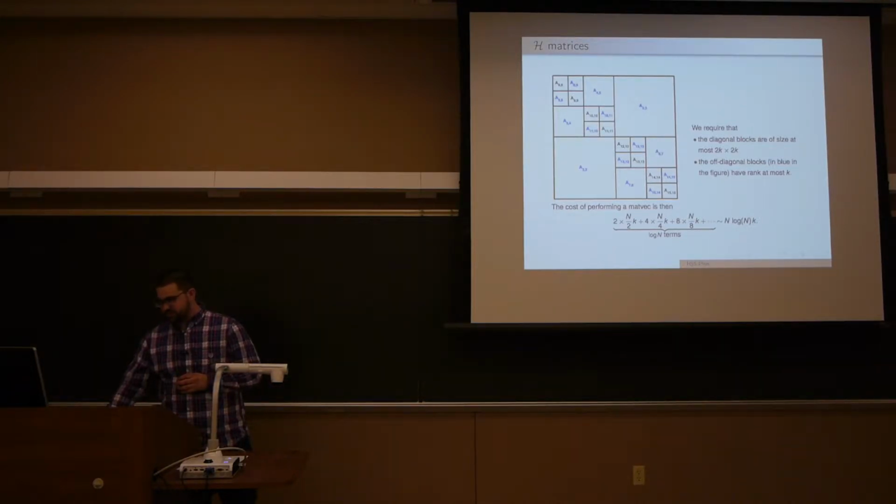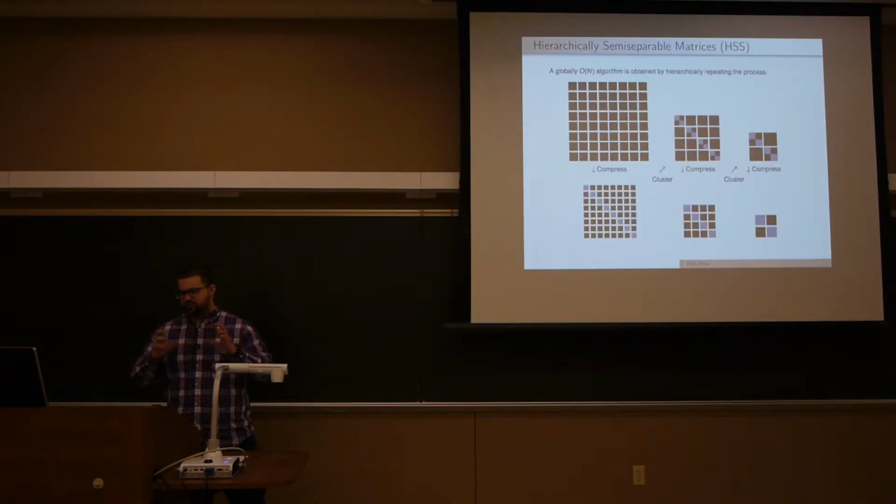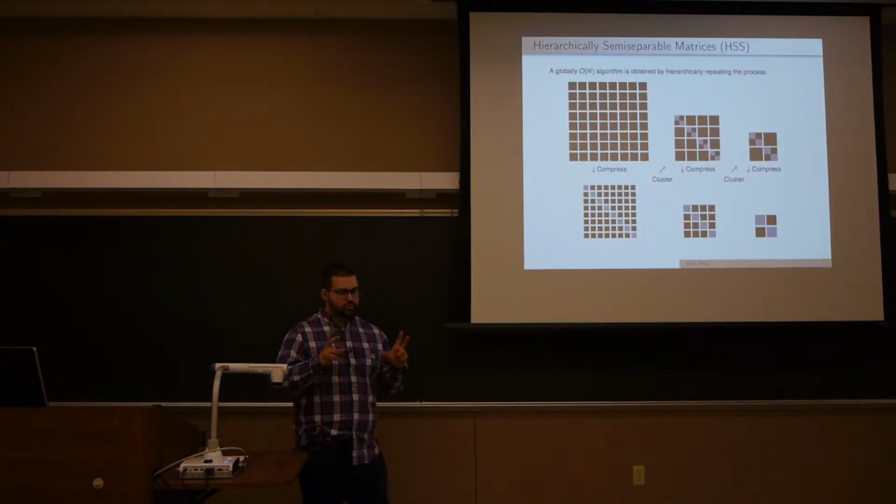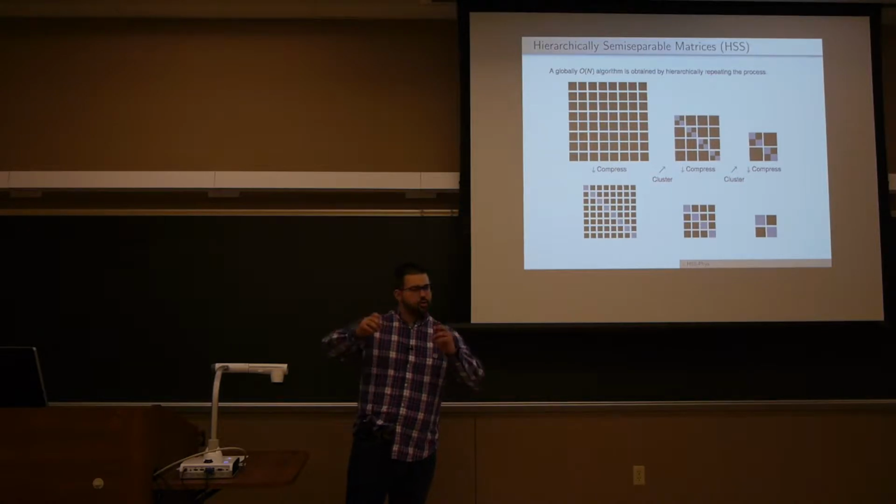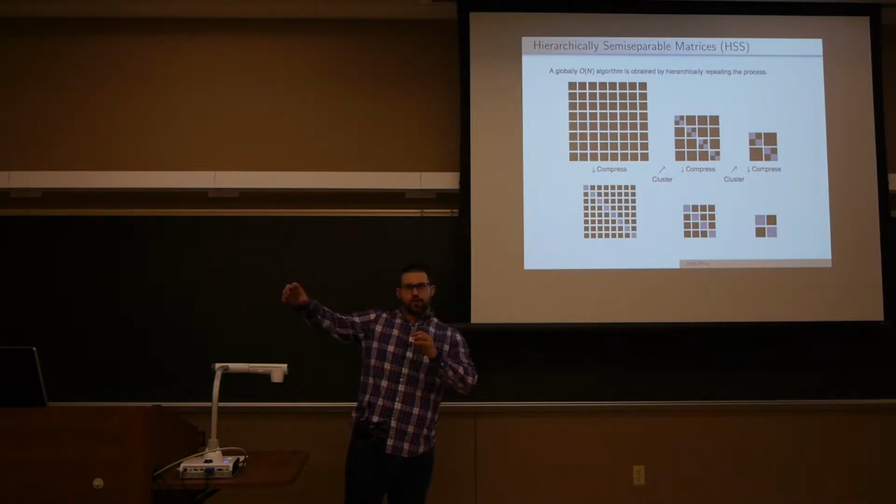So the idea with the HSS matrix is that a lot of times, if you're using data from a real problem, not only is it low rank off the diagonal, but the data is related to each other.